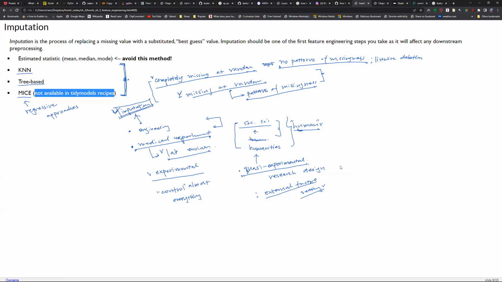So due to these quasi-experimental settings or research designs, it is very difficult to impute our observations to fill in the blanks in social sciences.